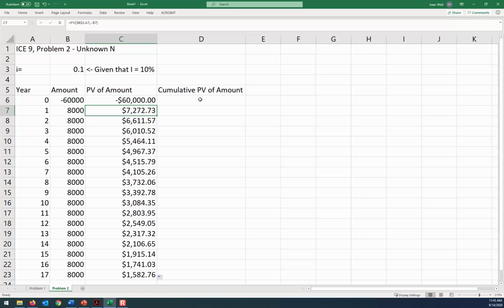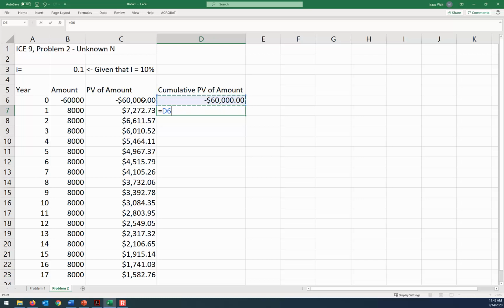Now, the cumulative present worth. At year 0, the only thing that's happened so far is that we've paid $60,000. So I'm going to say equals this. At time 0, we've spent $60,000. After the first period, we have our previous amount that we haven't yet recovered. You can think of that as how much money left your wallet that you haven't gotten back yet.